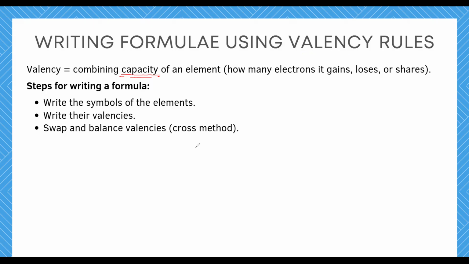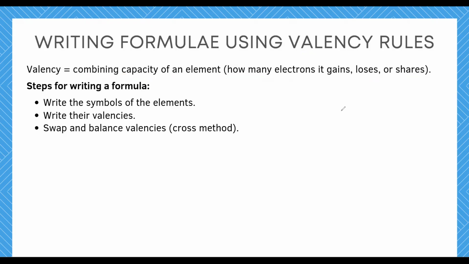In the same way, valency is just like that. It is the combining capacity of an element. What is that combining capacity and what does it mean? It means how many electrons it needs to gain, or lose, or share. Did you understand that? Yes, sir. Would you want to write that down?